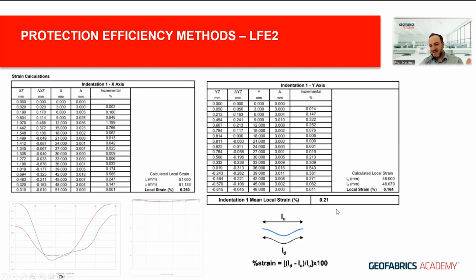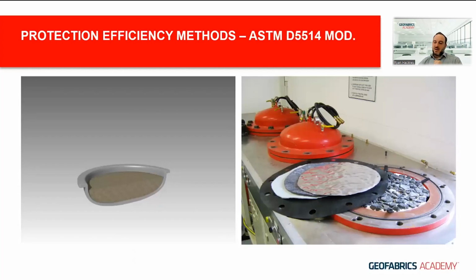So we do that 5 times on 5 indentations, as I mentioned, and we pick the 3 highest mean local strains that then go into the report, and that's what is reported as the mean local strain. Hope that makes sense.